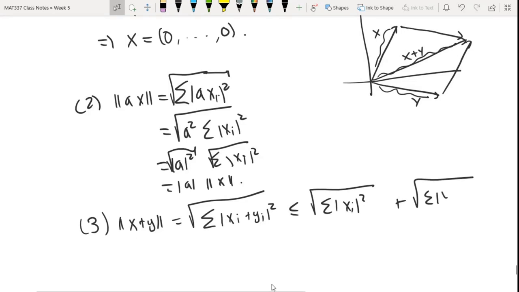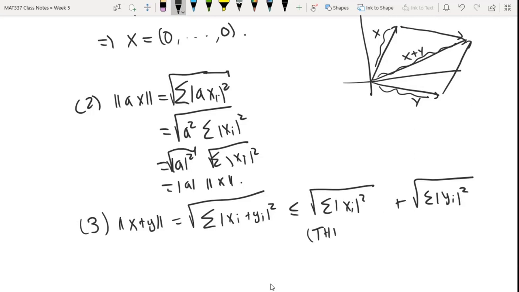So here it takes a little bit of work, but actually, no, this one you will do in your homework.